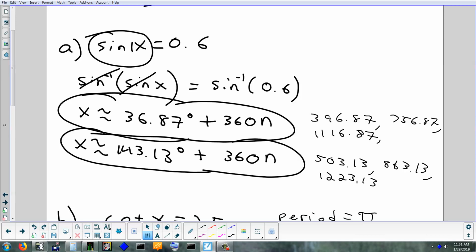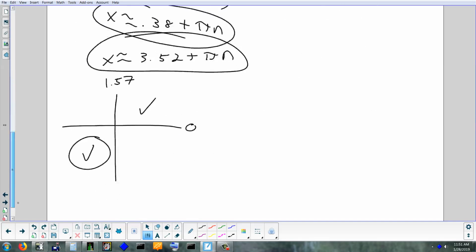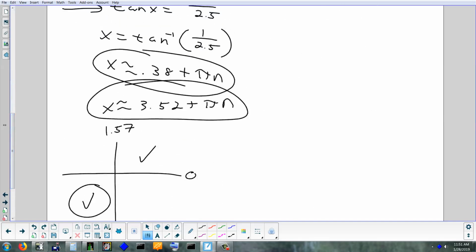Do you think there'd ever be overlap? No. They would never overlap. You're starting at 2 different starting points and adding 360, so you're never going to have the same answer in both lists.